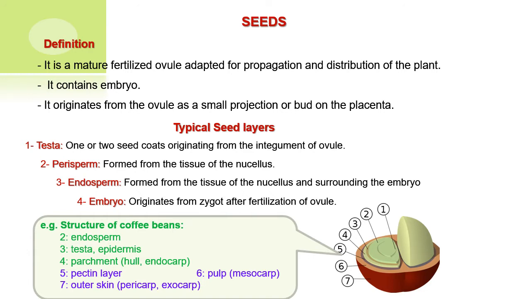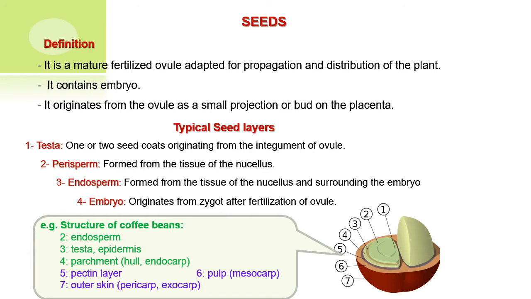After the testa we have the perisperm, which is formed from the tissue of the nucellus. The endosperm is formed from the tissues of the nucellus surrounding the embryo, containing reserve food material as aleurone grains or fixed oil globules. And finally, the innermost layer is the embryo, which originates from the zygote after fertilization of the ovule.